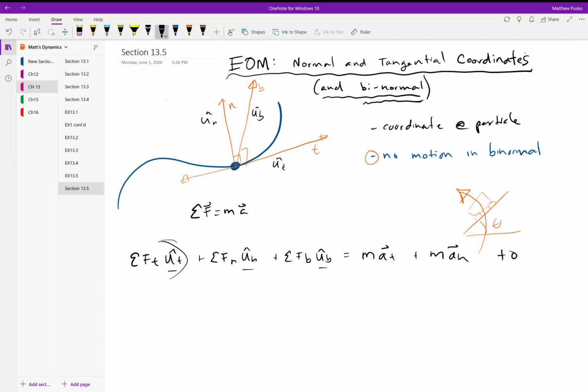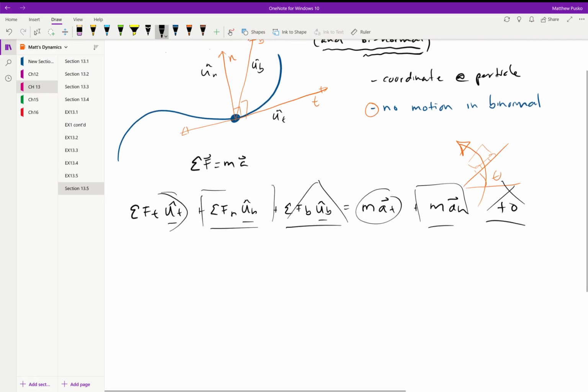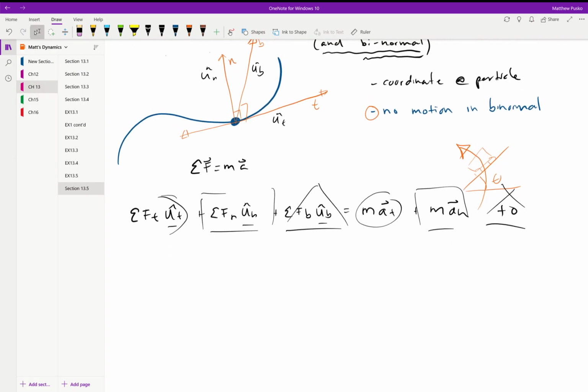Now if I take this and this, and this and this, and this and this, we get a new way to sum forces in normal and tangential coordinate systems. So the summation of the forces in the tangent direction is equal to mass times the acceleration in the tangent.